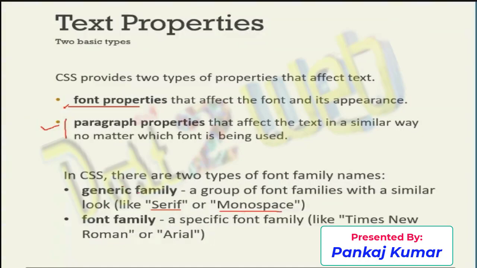So this all comes into the generic family. When we talk about the font family, you have Times New Roman, Arial, Arial Black, Arial Italic. So many things are there. When you are going to use these, it comes into the font family. These are the two types, and you can define accordingly.